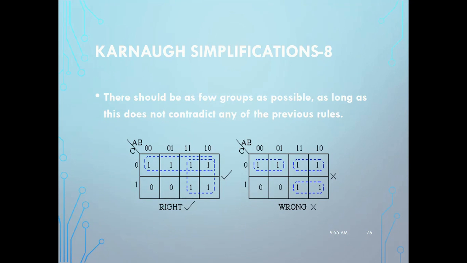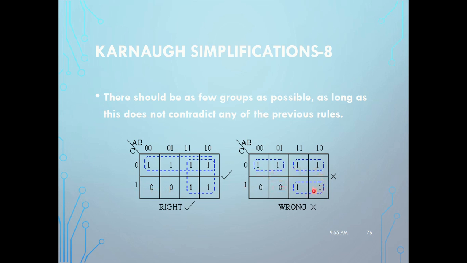Now let us see another rule for simplification of a map. What they are saying is there should be as few groups as possible, as long as this does not contradict any other previous rule. What this means is, if you look at these two problems, they have written the same ones and zeros here.